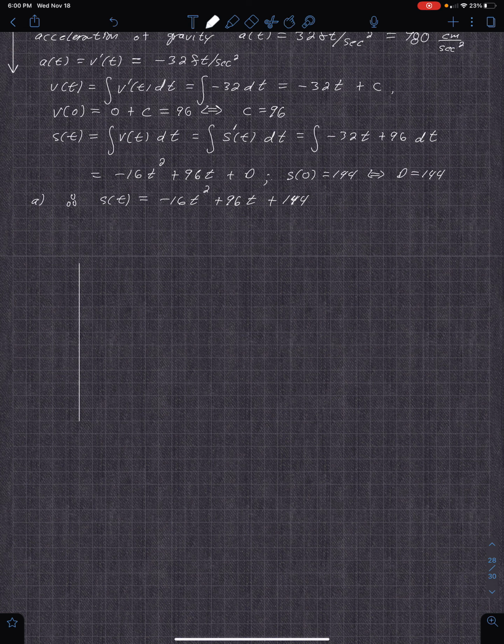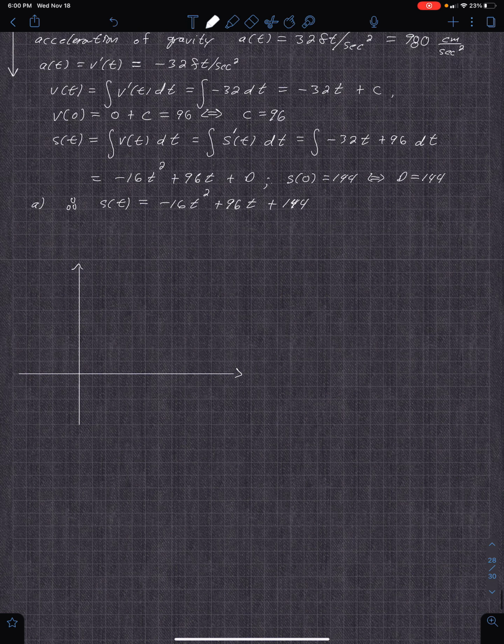If you actually were to graph this, you're going to get basically a parabola. Basically, you get a parabola that looks like this.